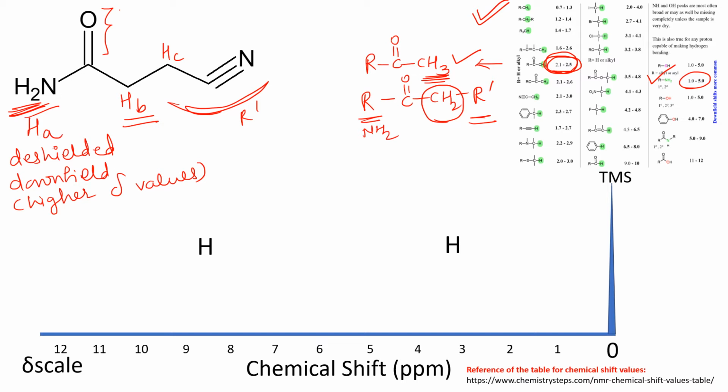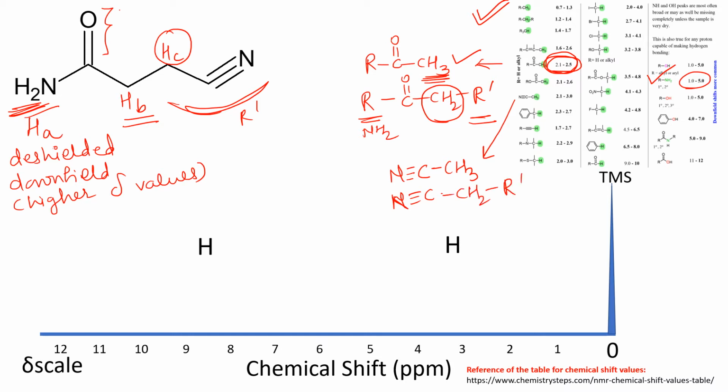Similarly, for HC, let us talk about the protons which are very close to the C triple bond N. The chart is stating C triple bond N CH3. Our structure is closer to this, because we do not have CH3 but we have CH2, and on the other side we have R dash.